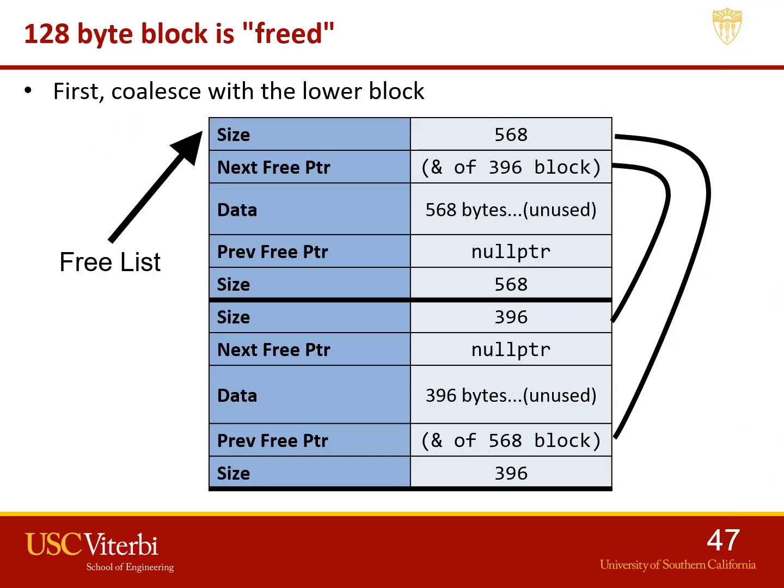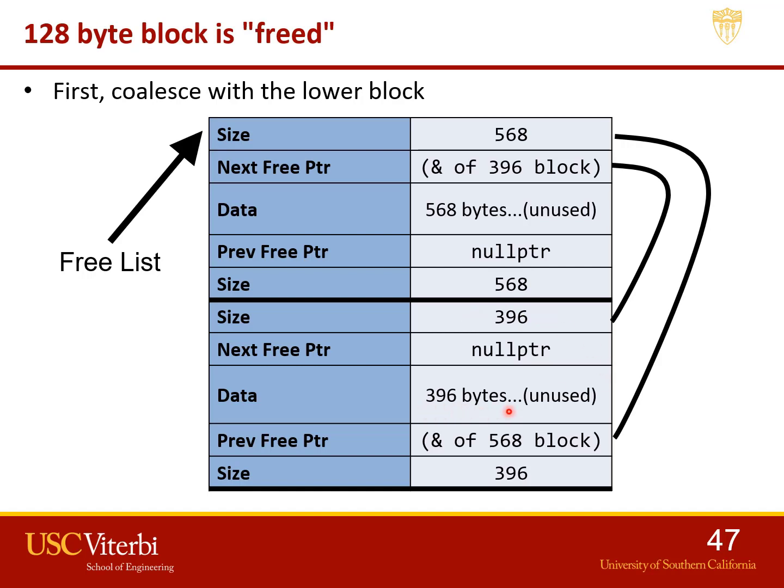First, let's collapse the lower block and see what happens there. We take the 128 byte block and the 256 byte block that was below it, combine them as a single block. So we update the size of the block, fix up the pointers and add the sizes together.